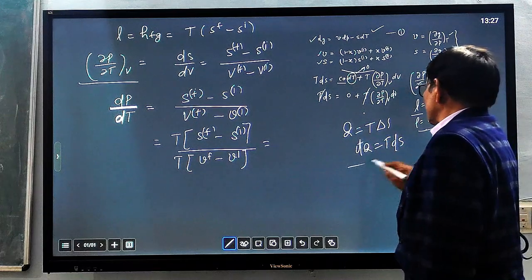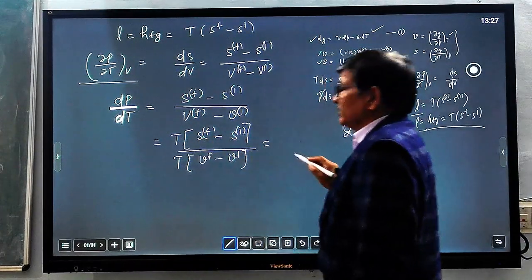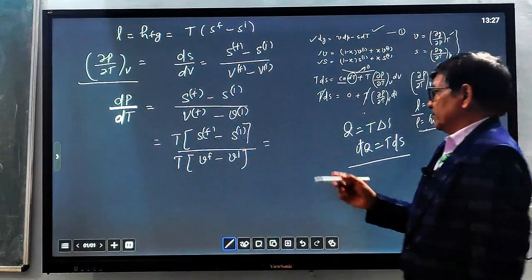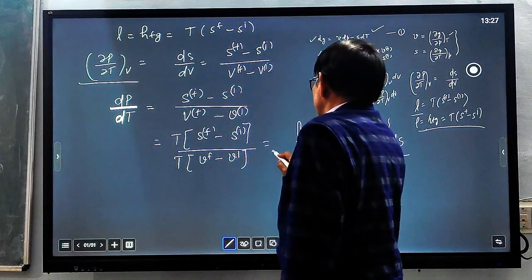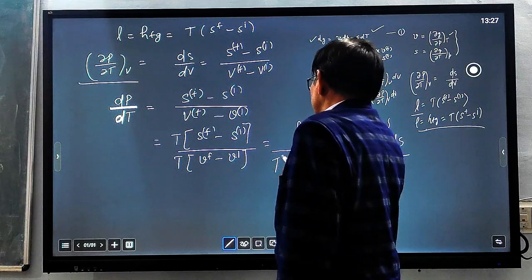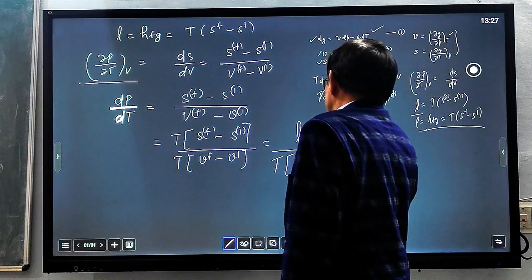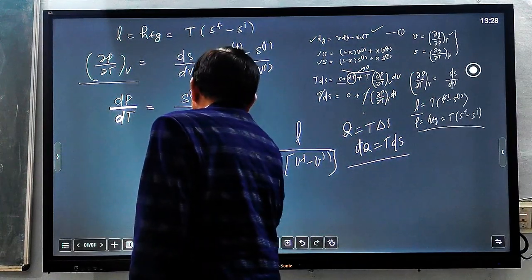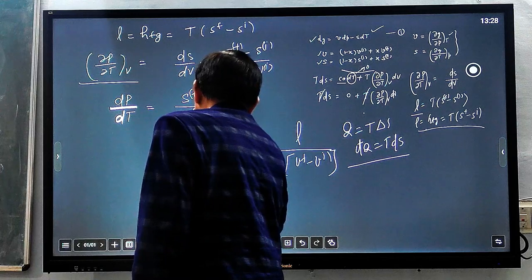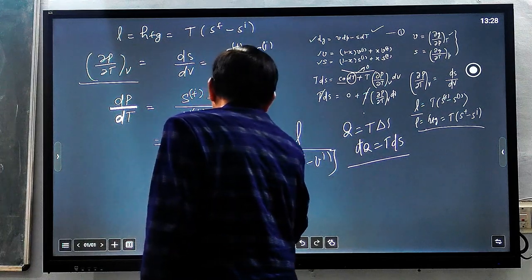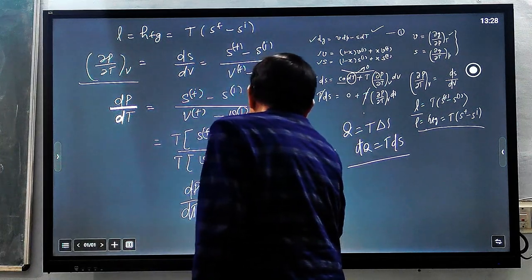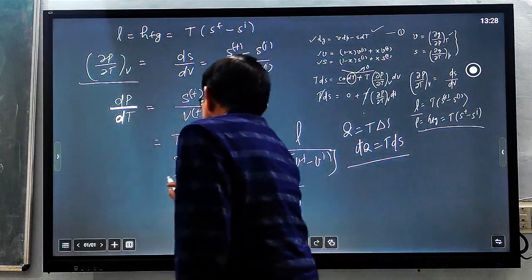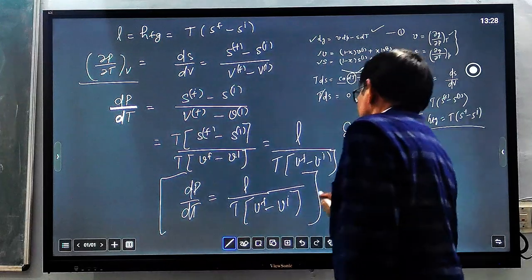By using this relationship, T(SF minus SI) is the enthalpy of phase transformation, or latent heat of phase transformation. So you can write L, the latent heat of phase transformation, upon T(Vf minus Vi). This is the equation of phase transformation. It is also known as the Clausius Clapeyron equation: dP over dT equal to L upon T(Vf, final volume, minus Vi, initial volume).